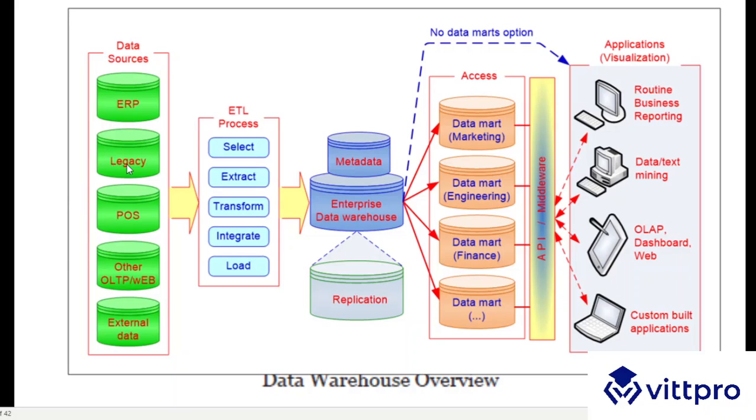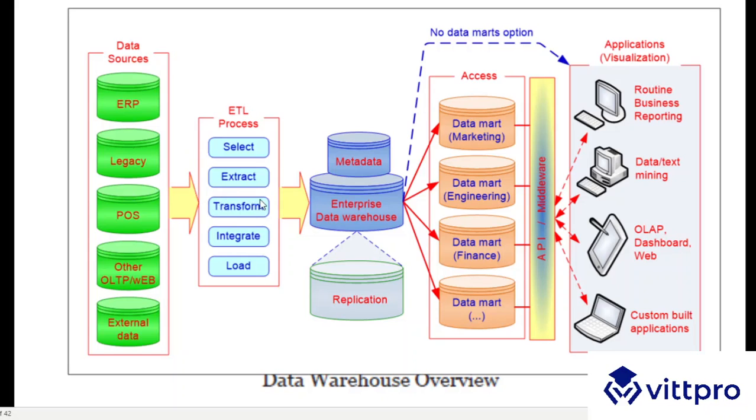So what has happened is, once all the data is collected, it goes to a staging area for the ETL process, which is selecting the data from every mart, extracting it, and transforming it into the same format, because the format of the data can be different in each of the different softwares.